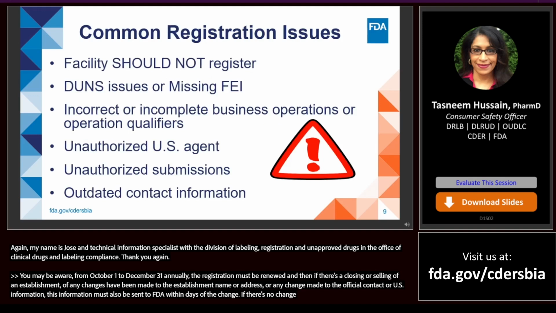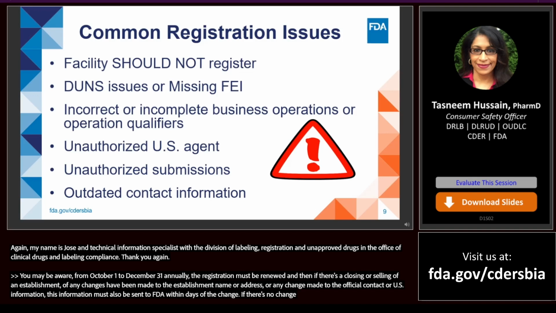Here we have some common issues that we encounter with registration data. Some facilities register when they should not register, such as, for example, PLDs that we talked about earlier. Sometimes there are DUNS number issues, and sometimes there are missing FEI numbers. Some firms will enter incomplete or incorrect business operations. Many times we see unauthorized U.S. agents who are submitting data to FDA.